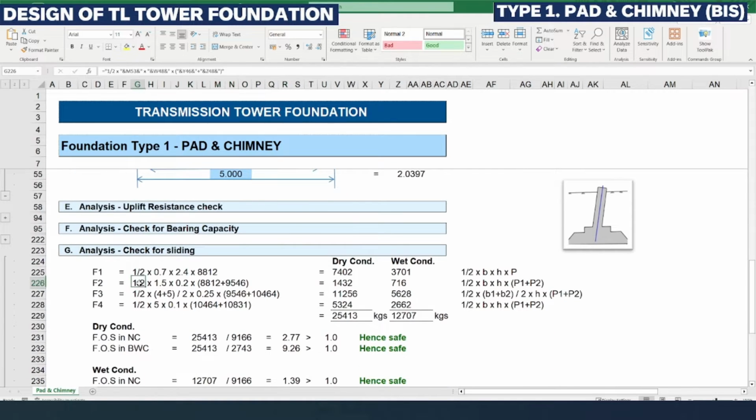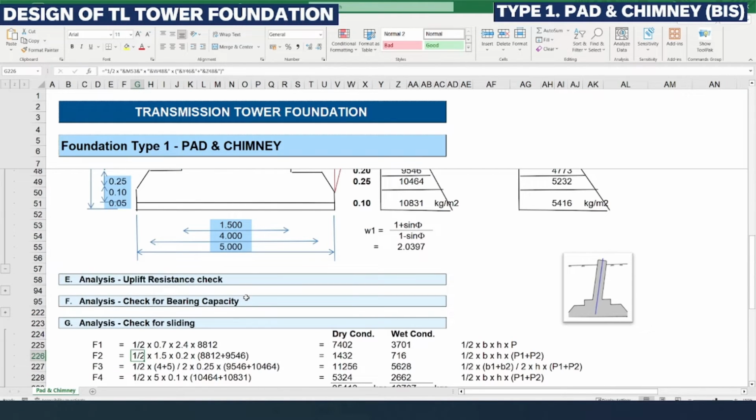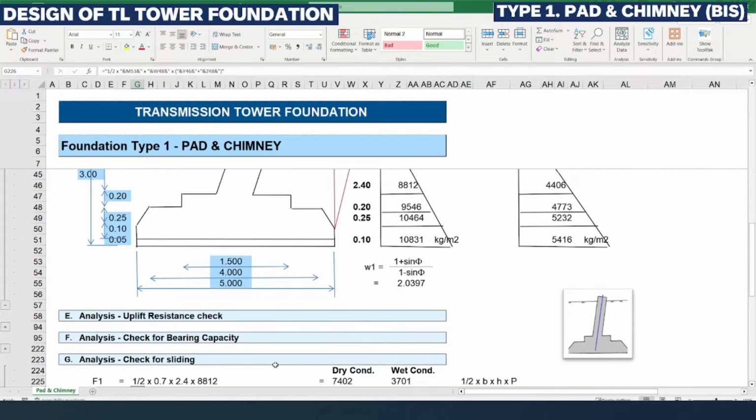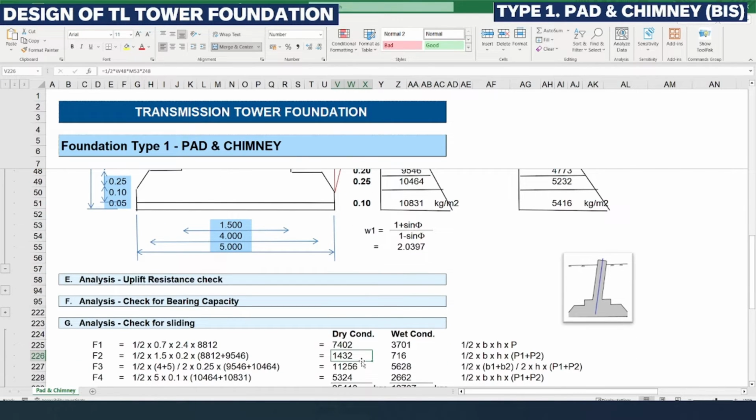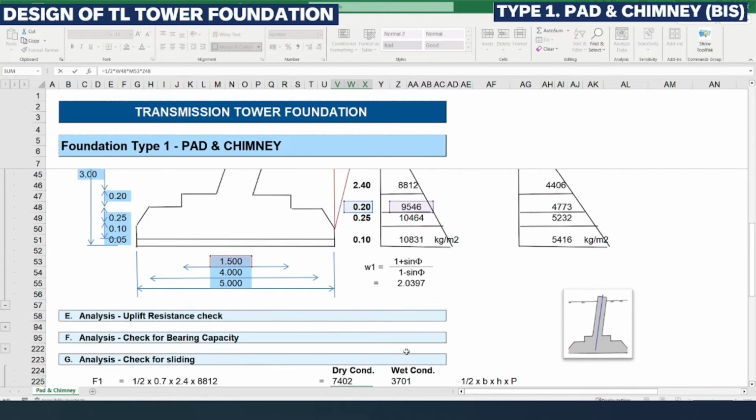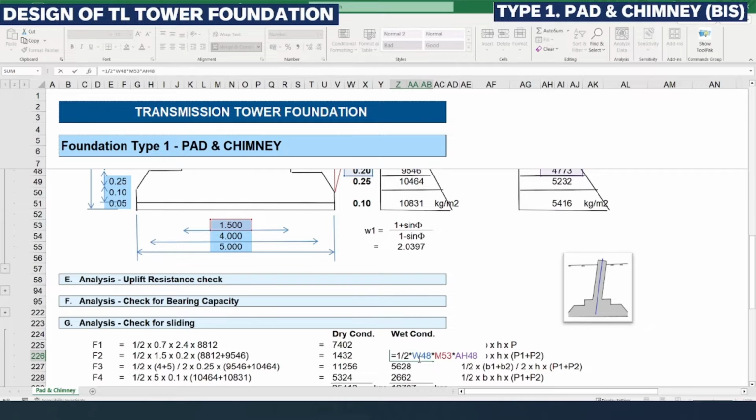So that is why we consider here 1.5 into 0.2 into average earth pressure, that is half of this two summation. So we are getting 1432 for dry condition and 716 for wet condition.